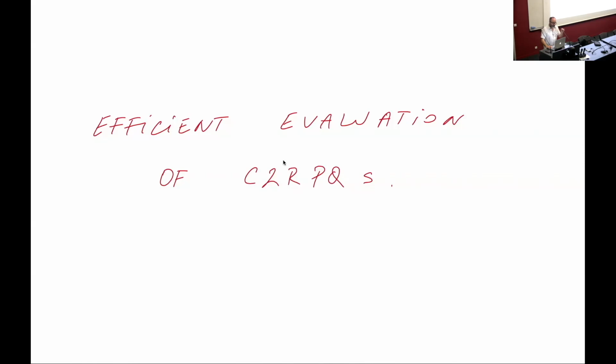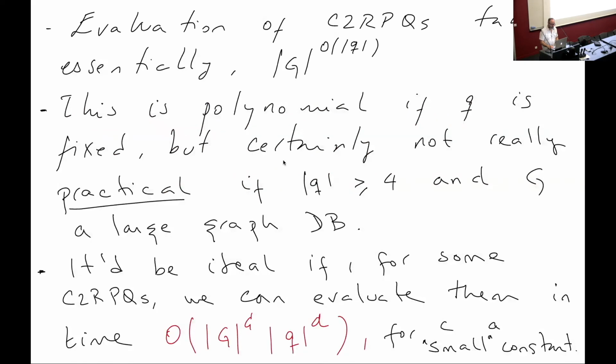Okay, so let us recall that we were trying to find efficient subclasses of C2RPQs. And by efficient in this case, we mean something that is not only efficient in data complexity, but can be evaluated in polynomial time in the size of the graph database, and something that depends on the query.